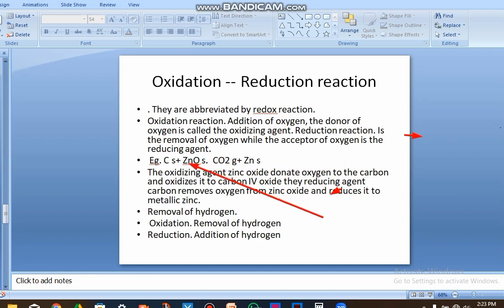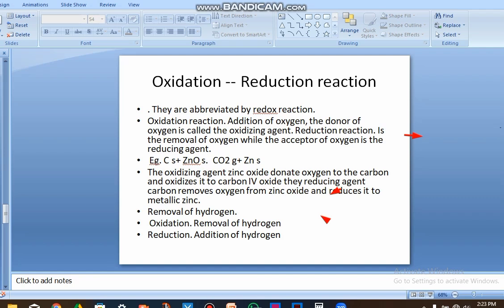This one is the acceptor. It accepted oxygen from here. So the carbon is now the reducing agent. It reduced this one to a single zinc. So carbon here is the reducing agent, while zinc oxide is the oxidizing agent from this definition.